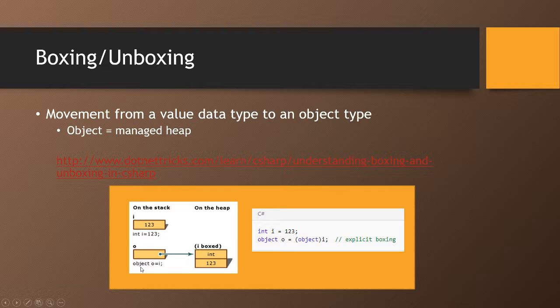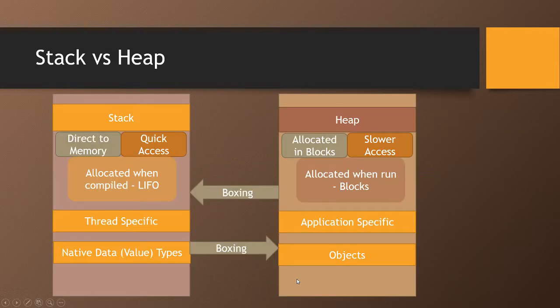If I set up an object and give it the value of my integer I, my object O and my integer I are both on the heap. They become boxed because we now had to take that integer that was just a value and make it into an object so that we could use it to set the value for our other object.